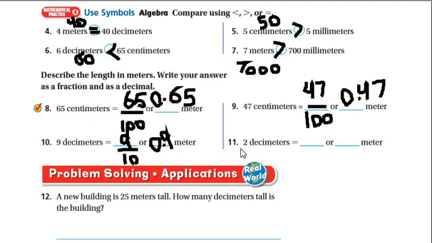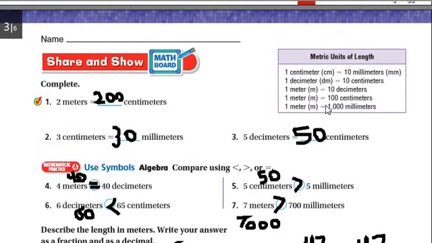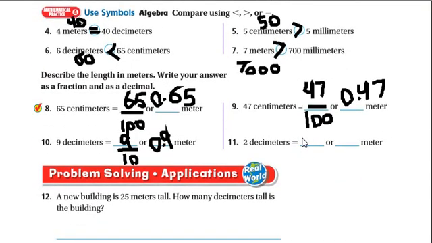Number 11. 2 decimeters equals, again, decimeter to meter, from small to big. The conversion number here is still 10. So we will divide 2 by 10.